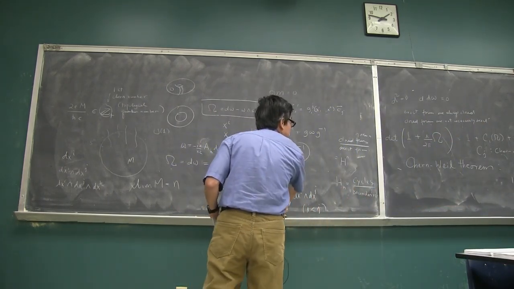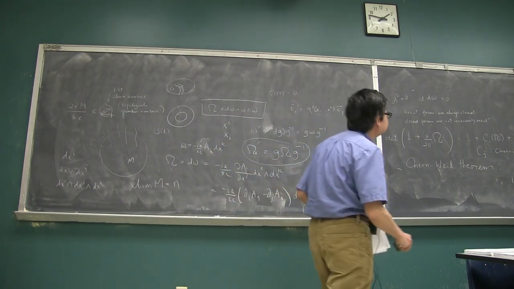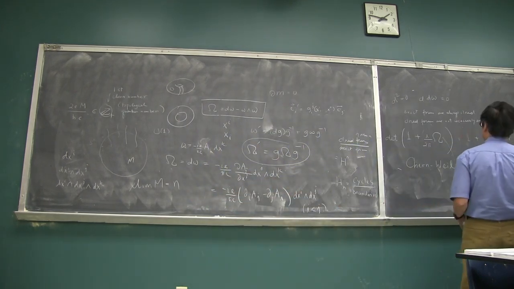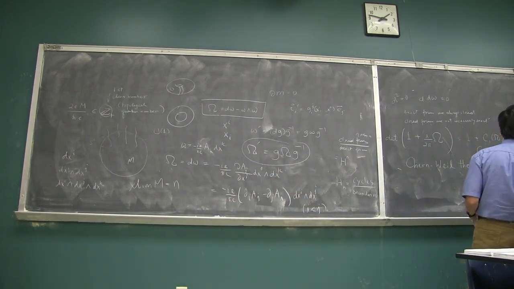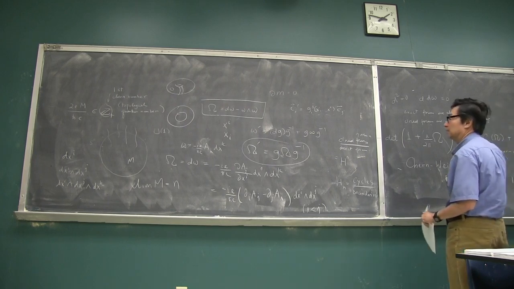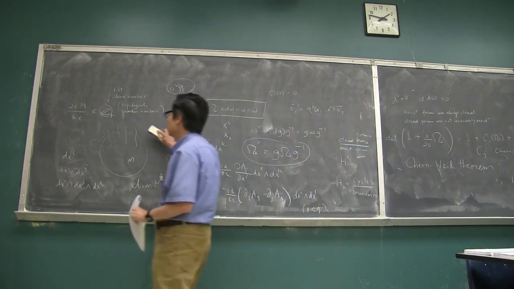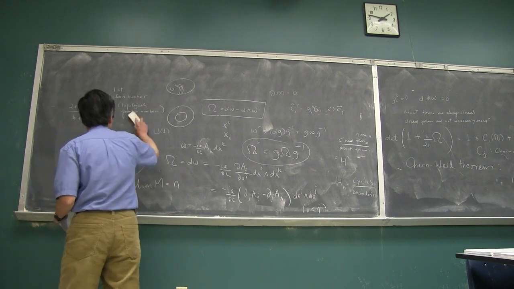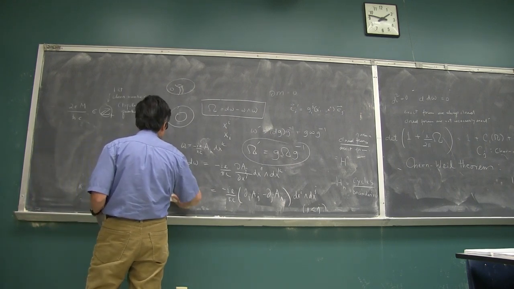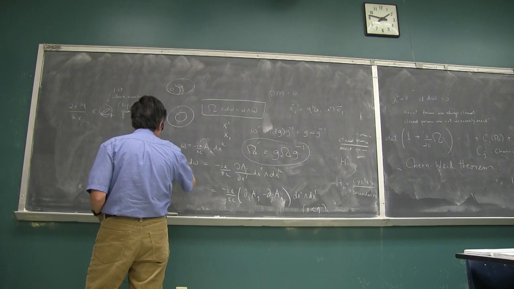So c1, the first Chern number, small c. Small c1, I wrote down Chern numbers. Anyway, let's go back here. This is omega.